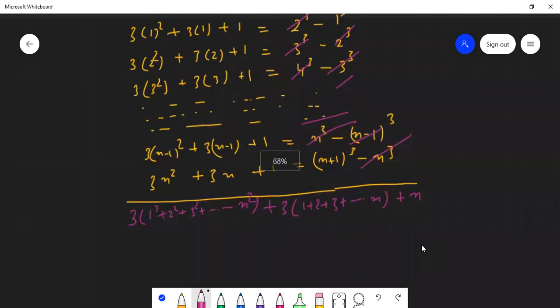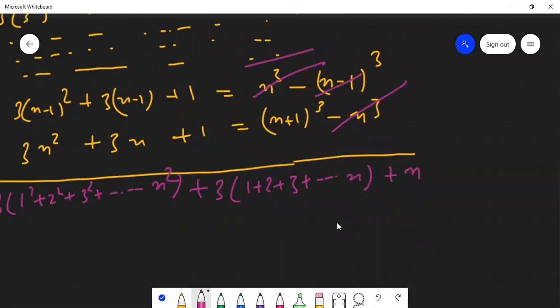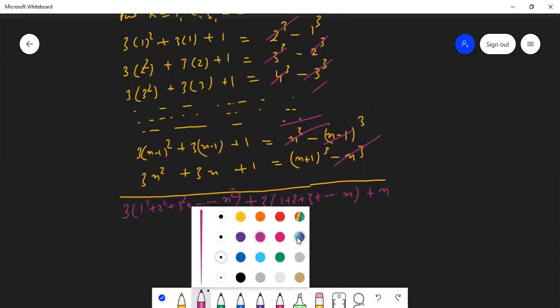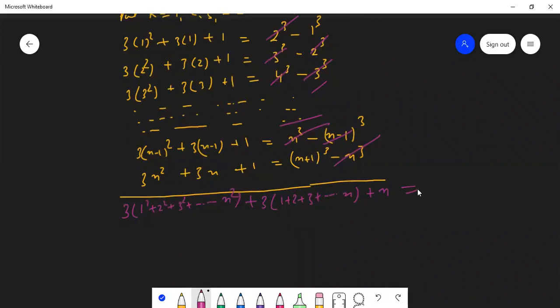So on the right hand side of this, this quantity is n plus 1 cube, minus 1 cube. Now, what is n plus 1 cube minus 1 cube?